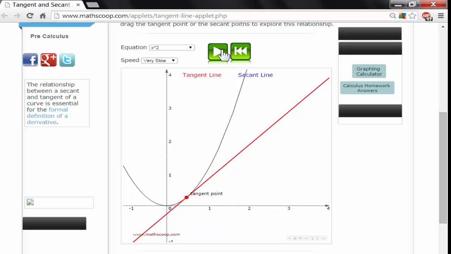Let's do that again, and I'll move this down to the same point, and see how the slope will change each time it moves. Every time it moves, the slope of the secant line changes until it becomes the slope of the line tangent to the curve at the tangent point. Let's press play. There you see it slowly scoots into the tangent line.